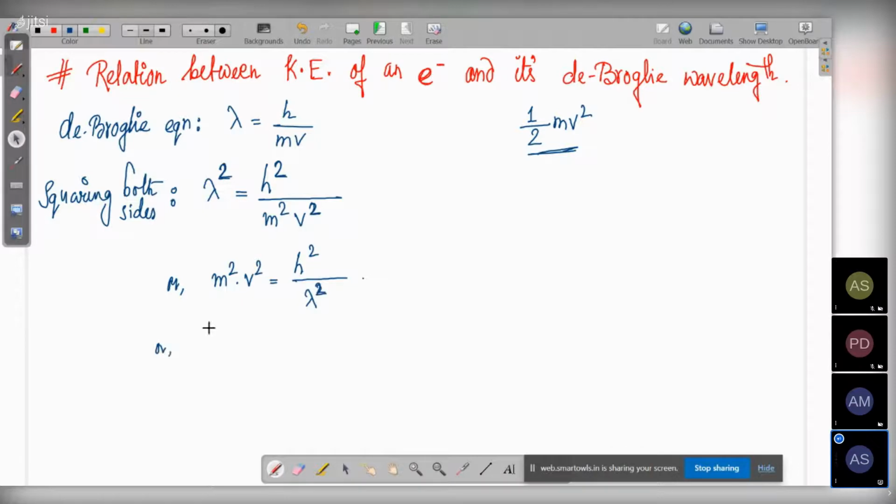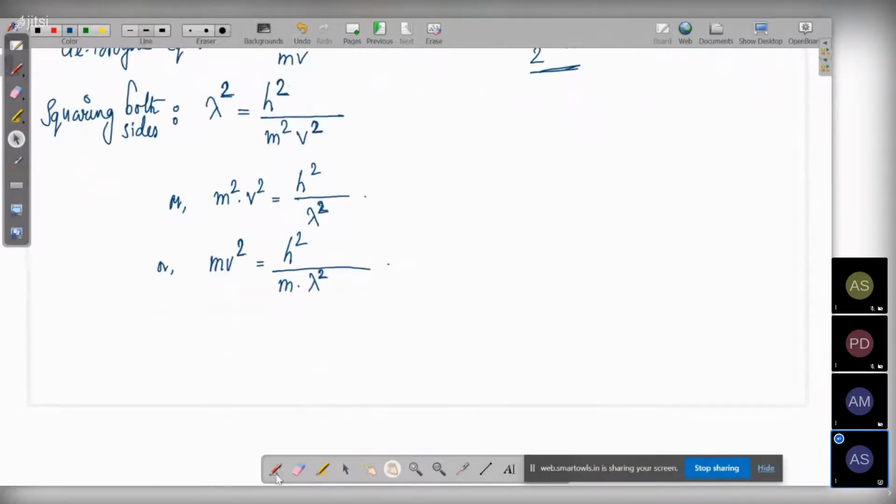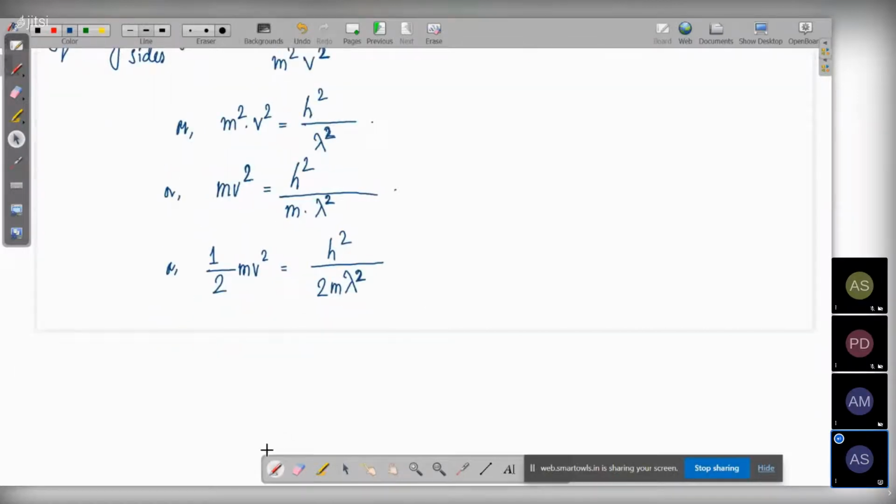So mv square is equal to h square by m lambda square after bringing one m to the right hand side. We multiply both sides by half: half mv square is equal to h square by 2m lambda square. And half mv square is only kinetic energy that you have learned from lower class physics.